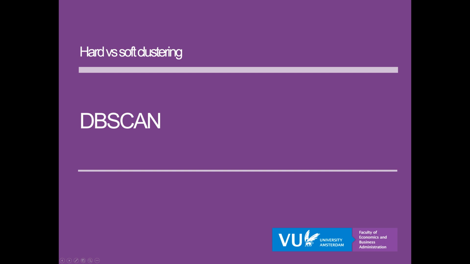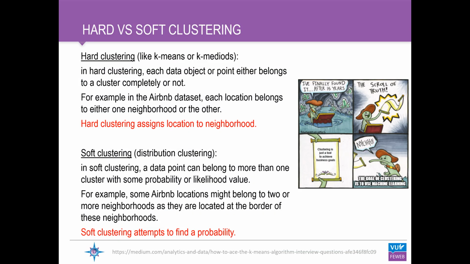Now finally we will discuss hard versus soft clustering, and in this course I only go over DBSCAN. Hard clustering is when you have one object or one point as the centroid of the cluster. This is really true in k-means, k-medoids and k-modes.